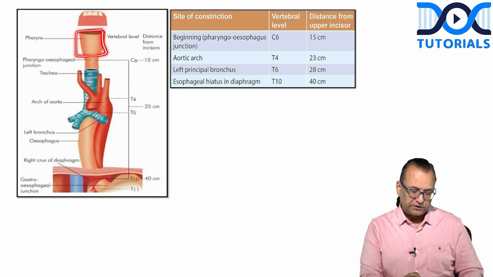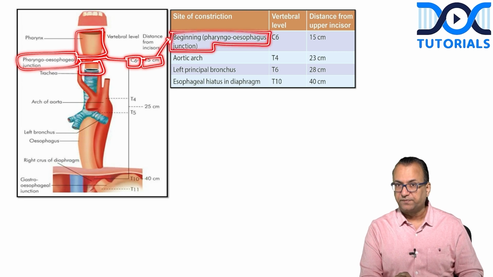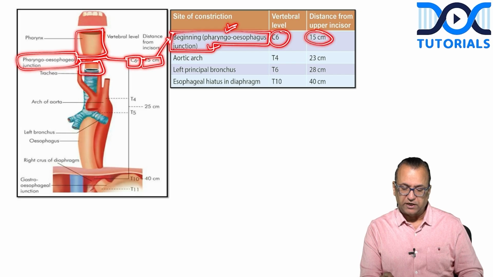When the pharynx becomes continuous with the esophagus, at the pharyngoesophageal junction, that is where there is the cricopharyngeal sphincter, C6 vertebra, 15 cm. This is the first narrowing of the esophagus. So cricopharyngeal sphincter, C6 vertebra, 15 cm from the upper incisor, first narrowing of the esophagus at the beginning of the esophagus, the narrowest lumen of the esophagus.